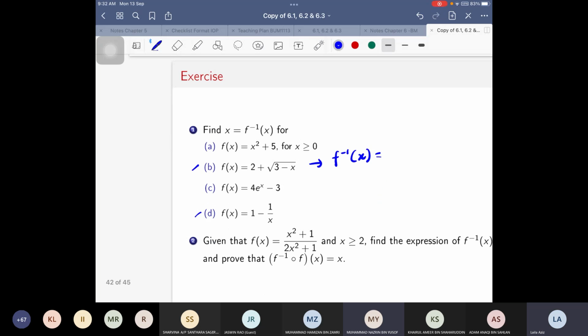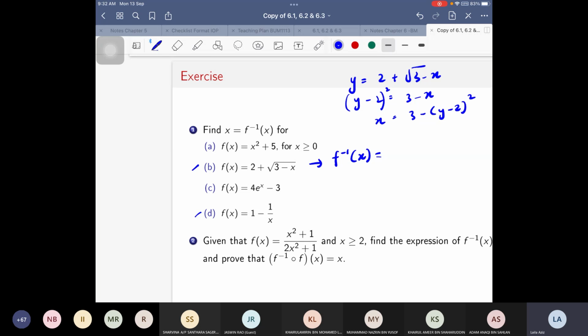Okay, so yang ni, so kita akan dapat, so Y sama dengan 2 tambah square root 3 tolak X kan. So bila kita rearrange ni, kita akan dapat Y tolak 2 adalah sama dengan square root 3 tolak X. Betul? Dan kalau kita rearrange X ni akan bersamaan dengan 3 tolak Y tolak 2 square.